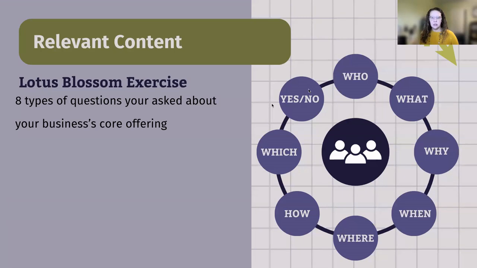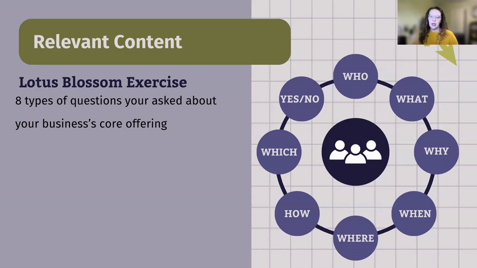So you could use this to jumpstart thinking about those questions, and you could come up with multiple examples of the different types of questions as well. And so those can all be a long list for blogs and then also other types of marketing content.